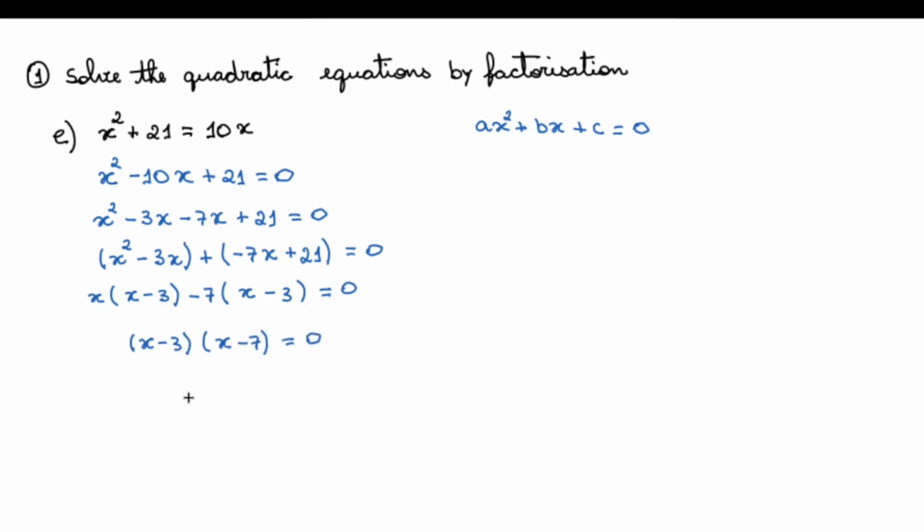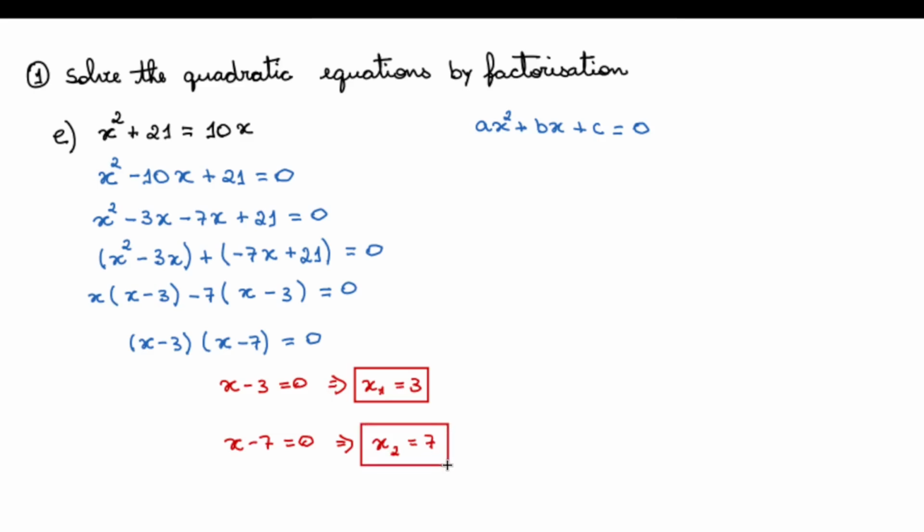Applying the null factor law, we have that x minus 3 equals 0, which gives x1 equals 3, or we have x minus 7 equals 0, which gives x2 equals 7. So this is the solution of the equation.